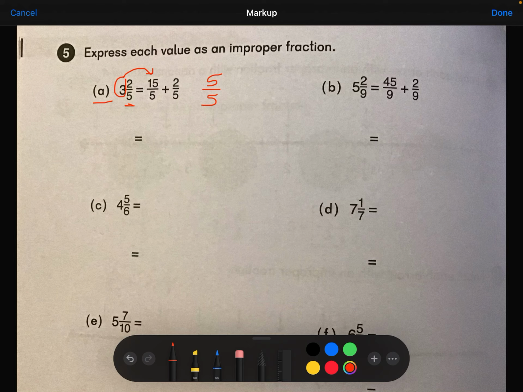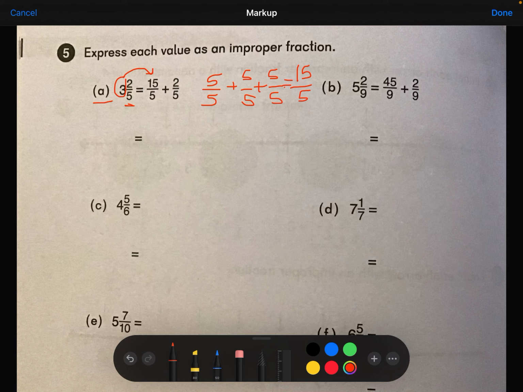as 5 over 5. Well, we need to figure out what 3 wholes are because our mixed number starts with 3 wholes. So if I take 5 and add it to itself 3 times, I end up with 15/5.